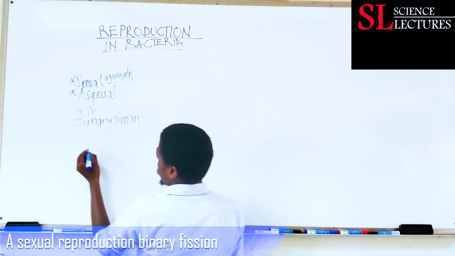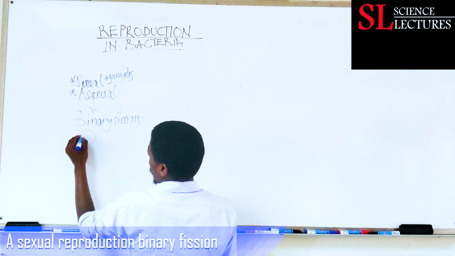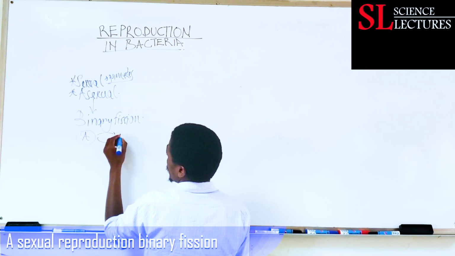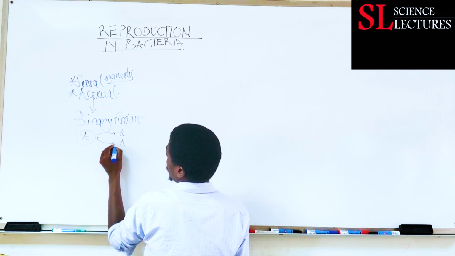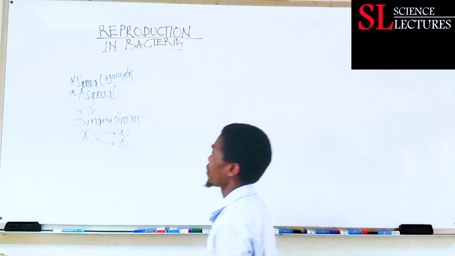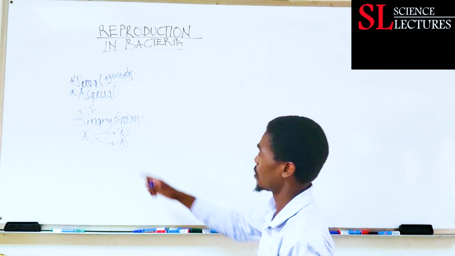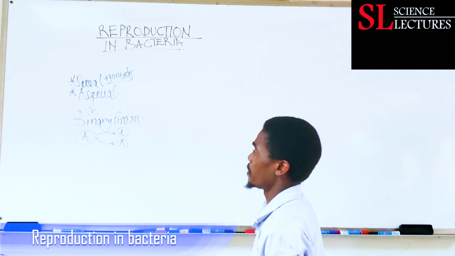So in binary fission, we have our bacterial cell, let's say bacterial cell A, then it splits into two bacterial cells, A and A. That is binary fission, where we have formation of two daughter cells from one bacterial cell simply by dividing.